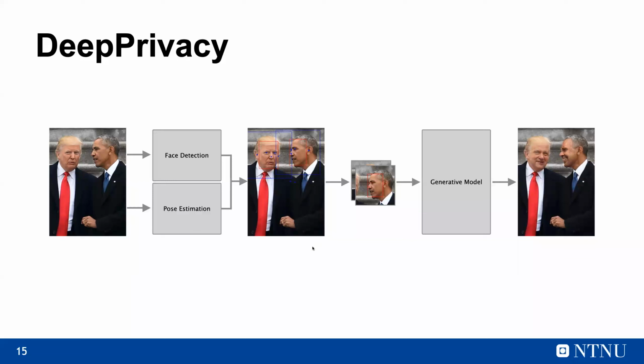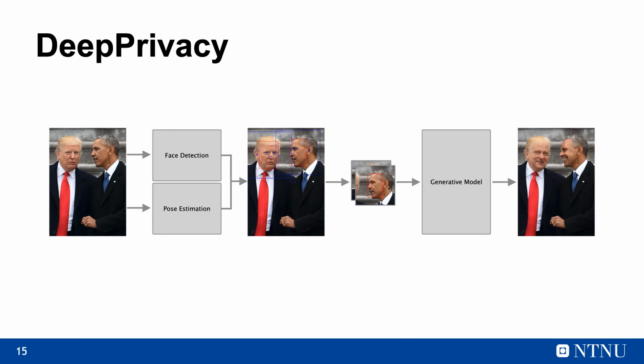Now, the architecture of DeepPrivacy is this two-stage model. The first stage is the detection phase, where we're doing simultaneously face and pose estimation. When we have this information, we take a clip out of the face region, and then we anonymize them individually. So we're taking just one image crop at a time and then passing this through what is called a generative model.